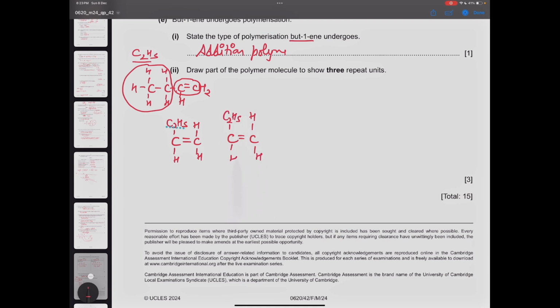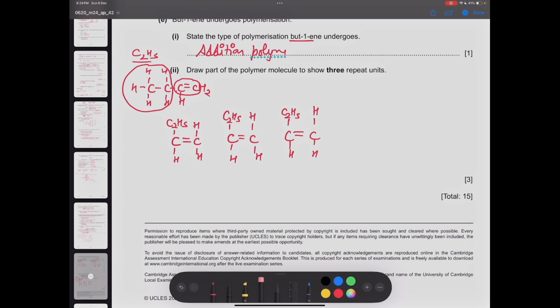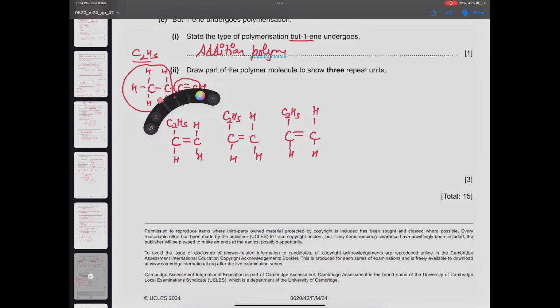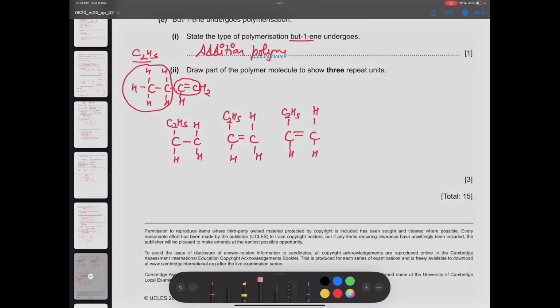C2H5 and H, another unit, because you have to draw 3 repeat units. Now simply erase the bond here, this bond, this bond, this bond, and allow them to form a bond between the units like this, like this, like this. This is your answer.